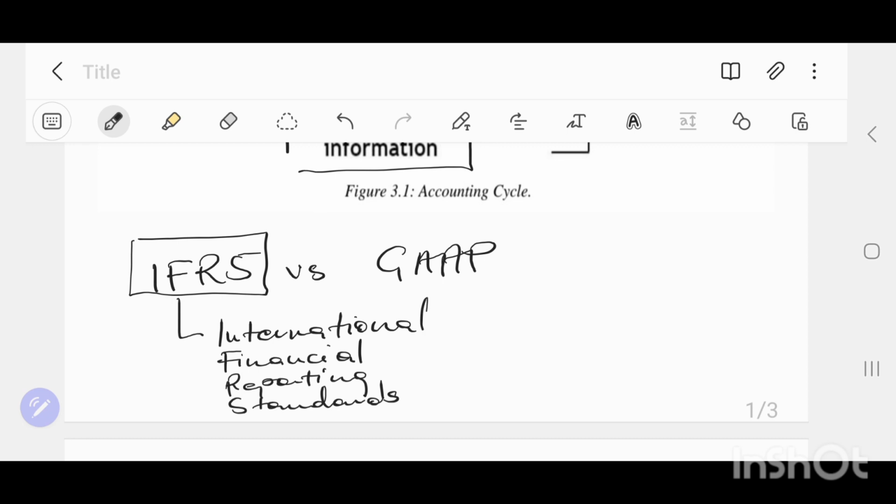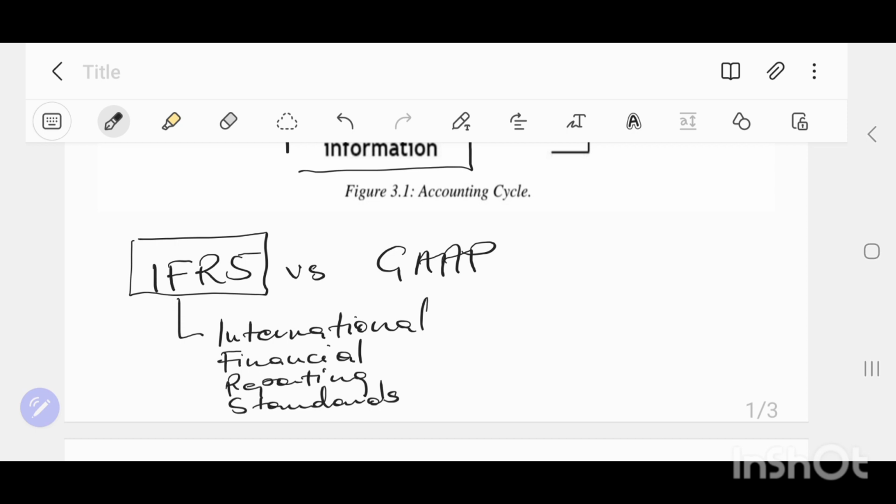Remember, one of the qualities of financial information is that it needs to be reliable. The financial information also needs to be consistent. For this information to be consistent, it means that we should use the same principles irrespective of the business.